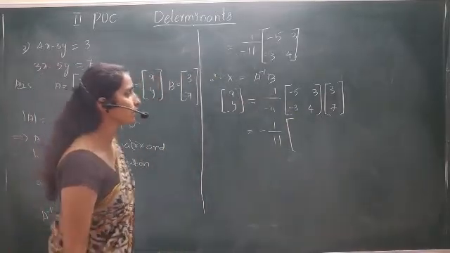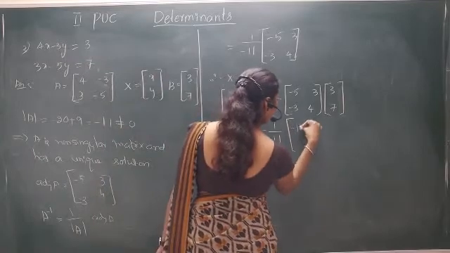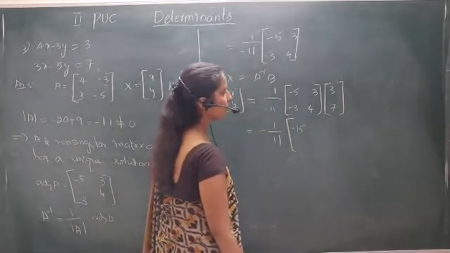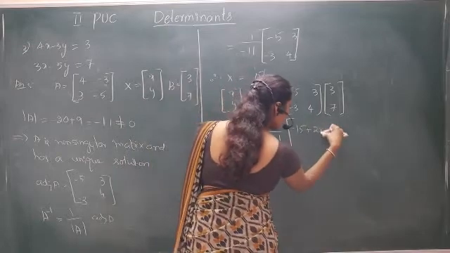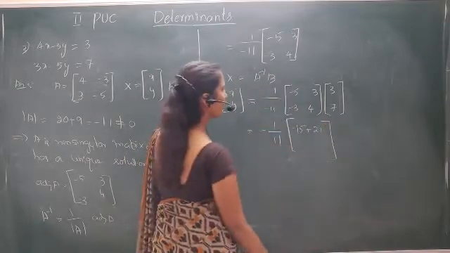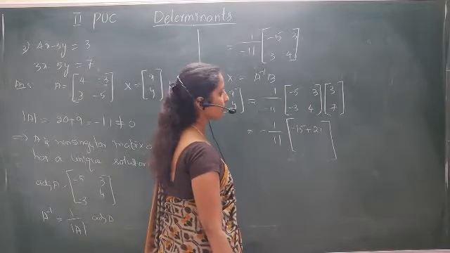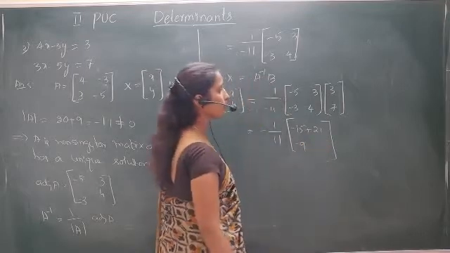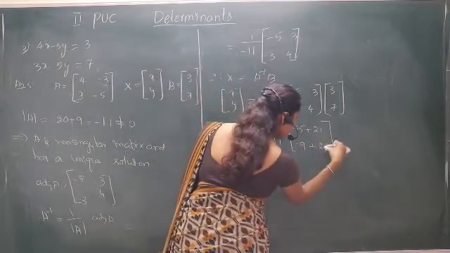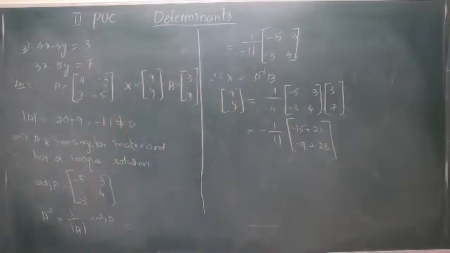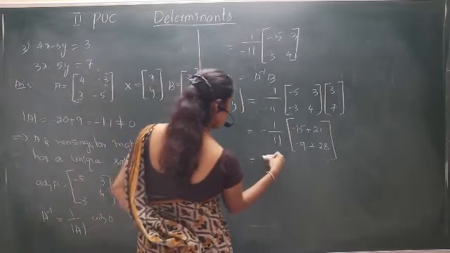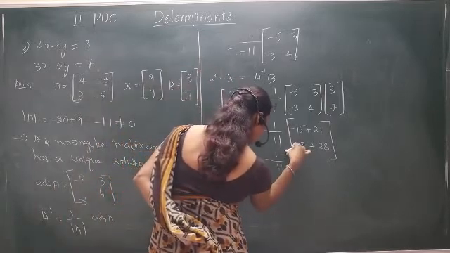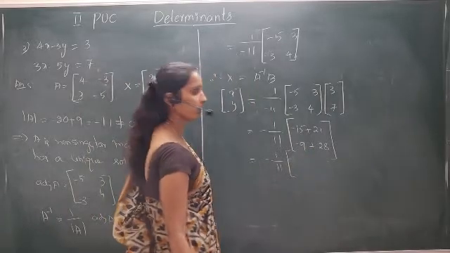So minus 5 into 3 is minus 15. 7 into 3 is plus 21. Then the second row first column: minus 3 into 3 is minus 9. Then 4 into 7 is 28. So this will be minus 1 by 11 into minus 15 plus 21, which is 6.